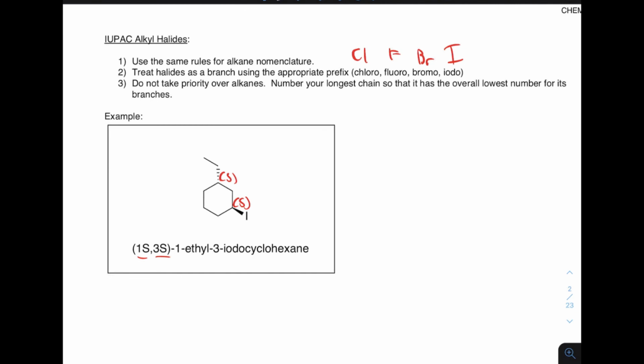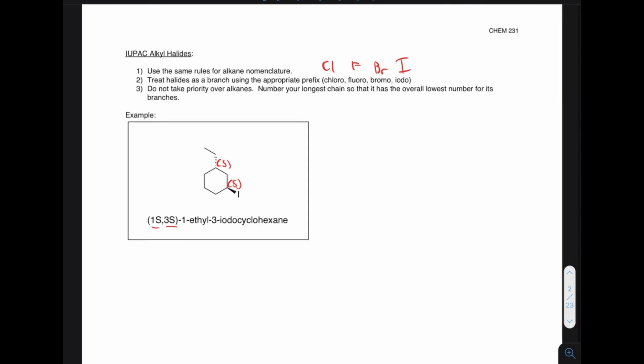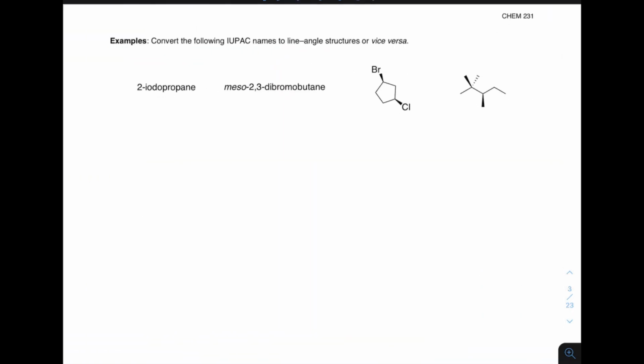So we have to list it as such in front of the name of the molecule. So what we'll do in class is go over a few more examples of naming and try to make sure we have the R and S configuration naming down and make sure we know how to appropriately name alkyl halides.